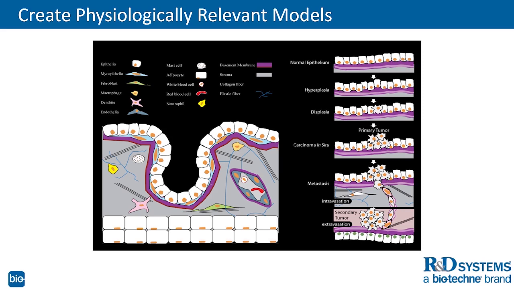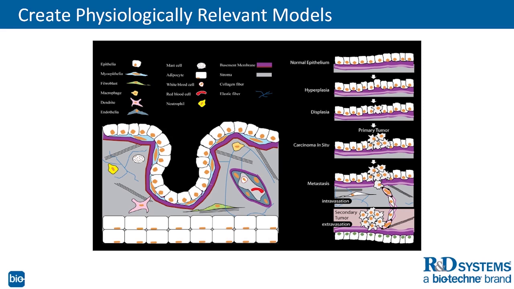And metastasis is really the critical point in cancer. It's the most lethal step of the cancer process. So it's important to be able to have good models for looking at this.